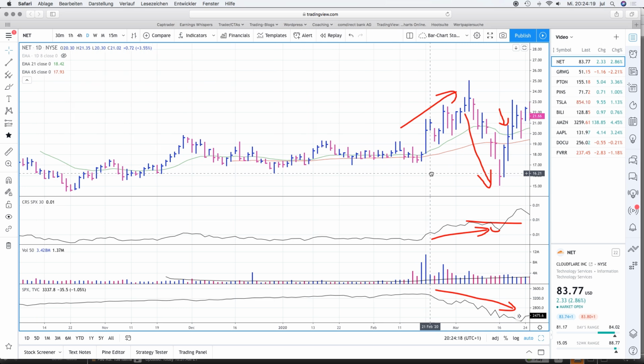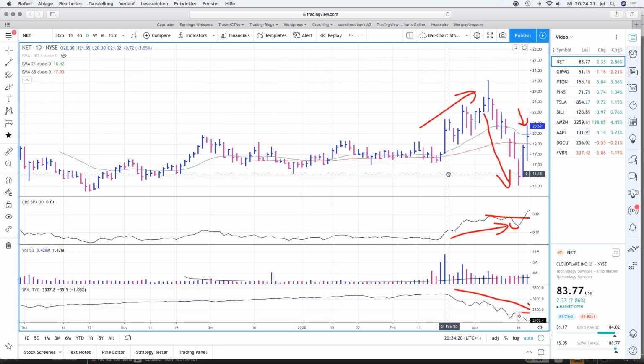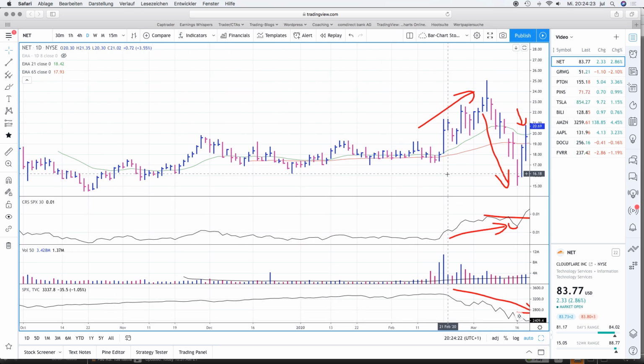We can go back to that bar so that you can see it. The RS line was at a new high before the price. This is a very strong sign that the stock is outperforming the S&P 500 strongly. And this is something you can always see when the market is in a correction.